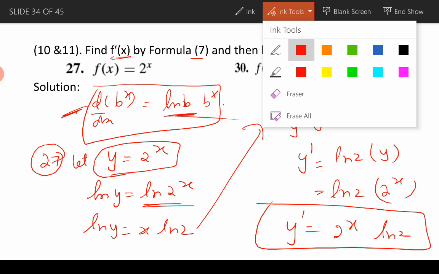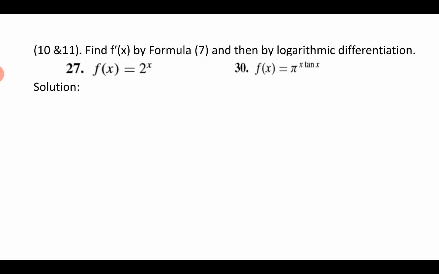And let's try pi power x, 30. Y is equal to pi power tan x. So we want the differentiation by direct formula. You can use b power u. The formula for y equals b power u, when you differentiate, is ln b, b power u, and du by dx. Just the formula, isn't it? Use the direct formula yourself, and I use logarithmic differentiation.